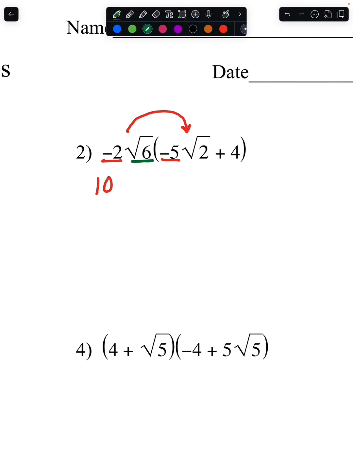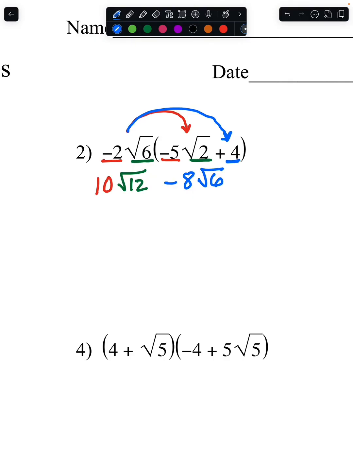This square root of 6 times this square root of 2 is a square root of 12. Okay? And then we have to do negative 2. Again, this is an outside number, so negative 2 times 4 is negative 8. And then that square root of 6 just comes along for the ride.